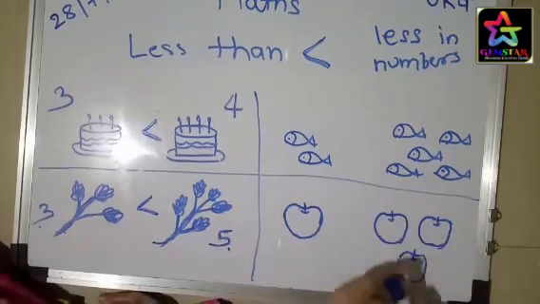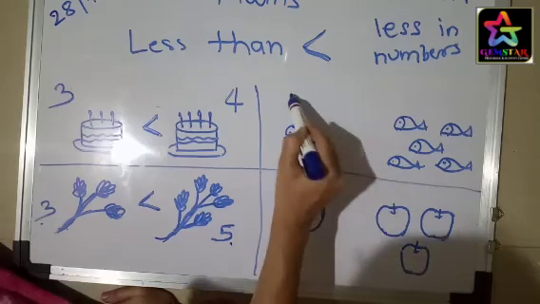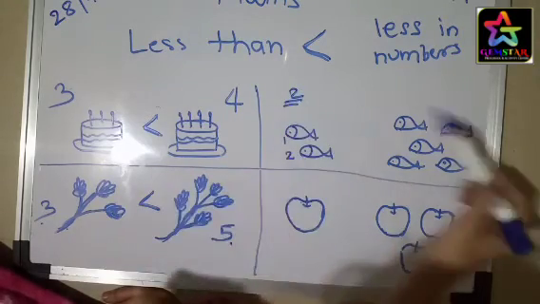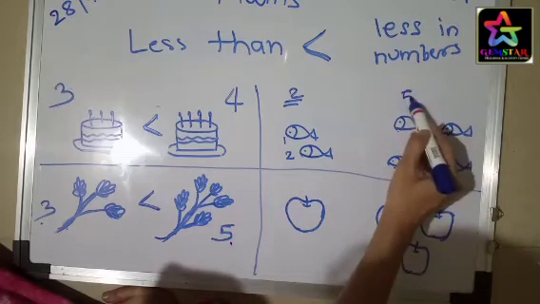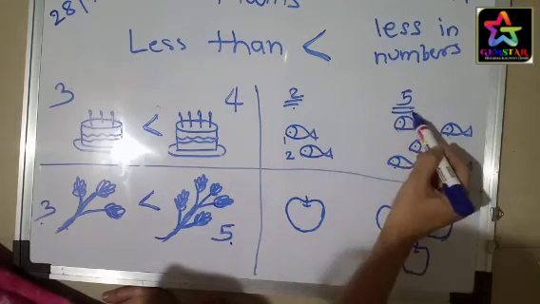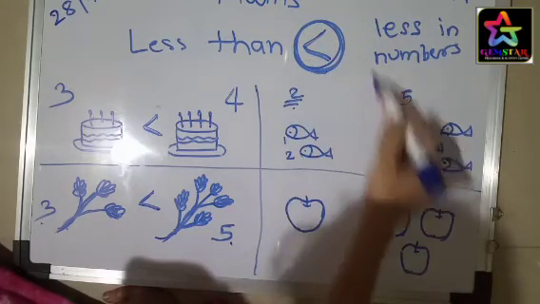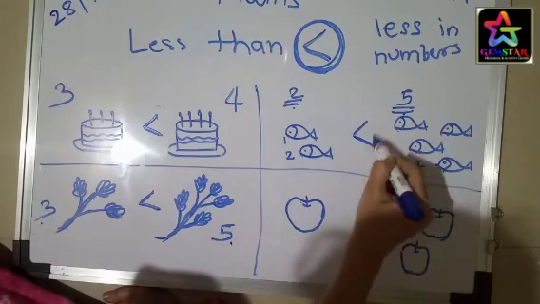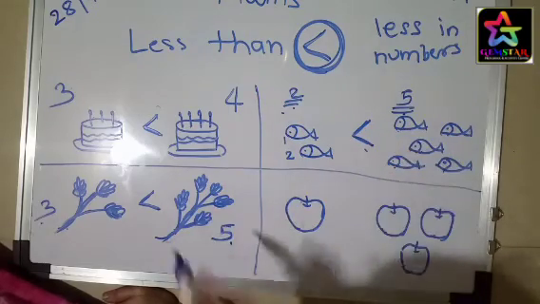Then we will move to the next example. There are 2 fish, and here are 1, 2, 3, 4, 5 fish. So 2 is less than 5. So we put this sign over here because 2 is less than 5.